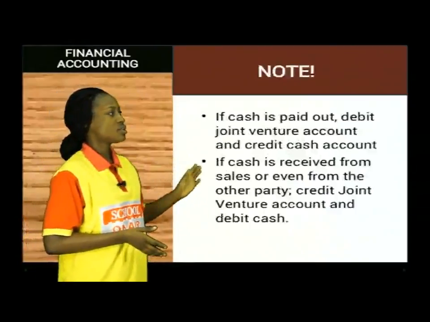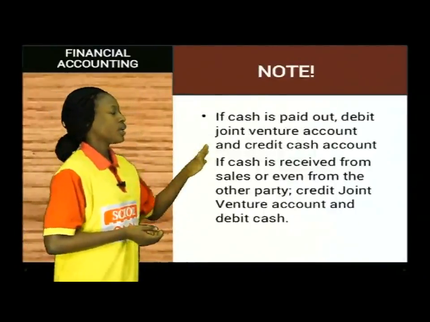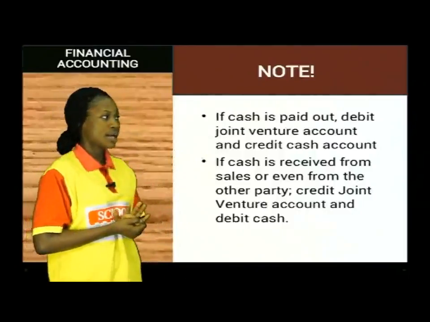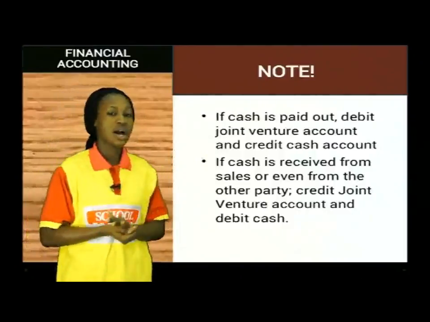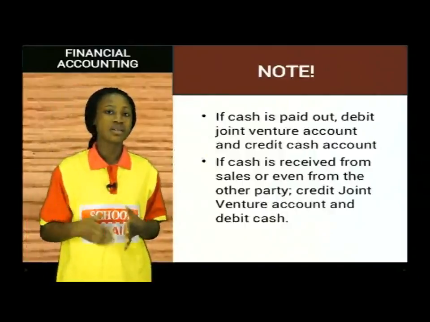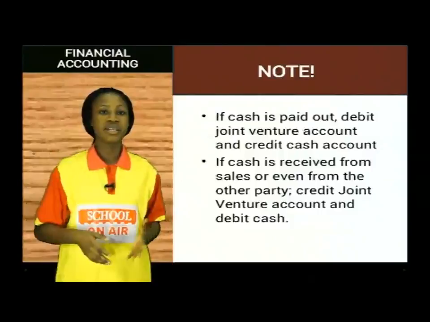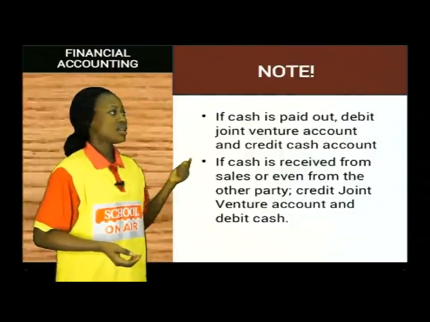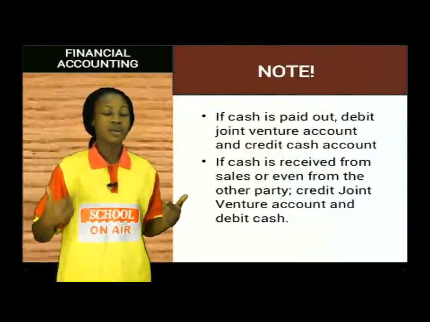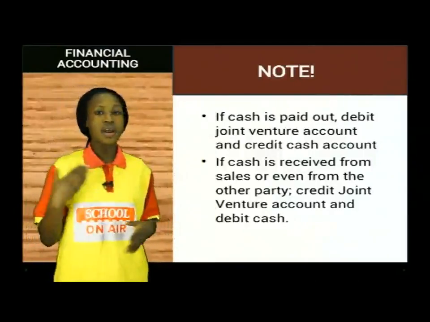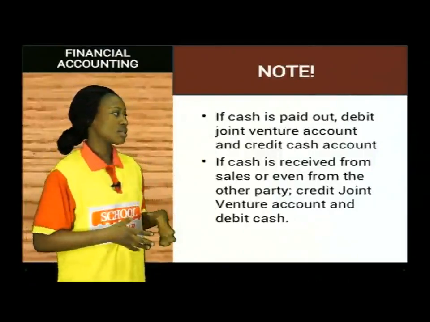Now we need to take note of some things here. If cash is paid out, you debit your joint venture account and you credit cash account. Cash is being paid out, maybe for purchases, expenses, carriage, and the rest. In this case, you are going to debit your joint venture account because joint venture account is actually making the expenses, and you are going to credit the cash account.